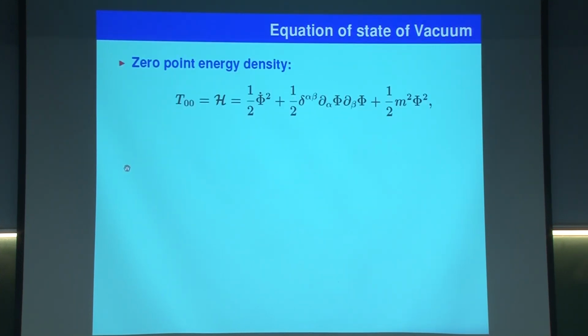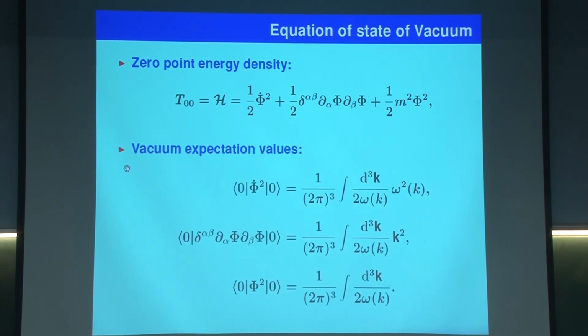So what you want to compute is, for example, the 0 point energy density, which will be the energy density of this field. There is a standard way to write down the energy density: it has a phi dot squared, then the del phi whole squared, which is what is written here, and then half m squared phi squared. You want to compute its vacuum expectation value.